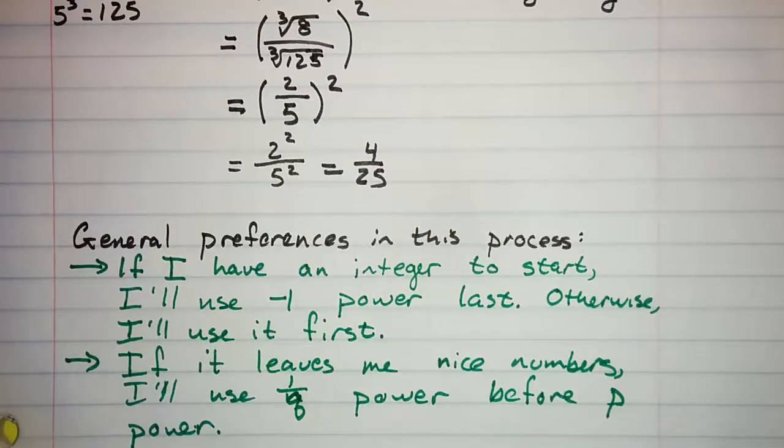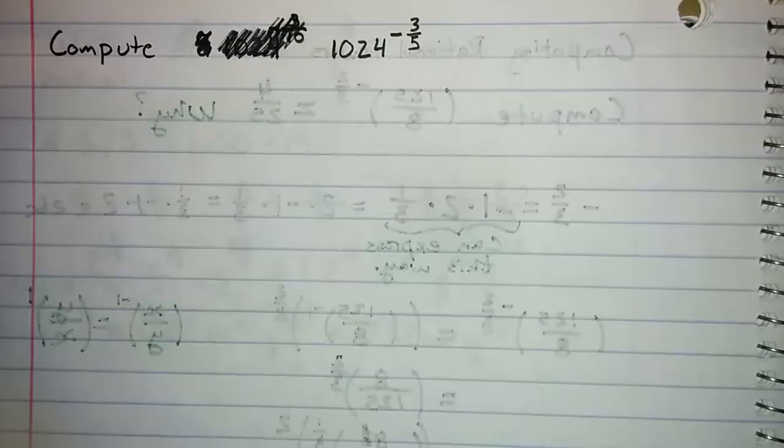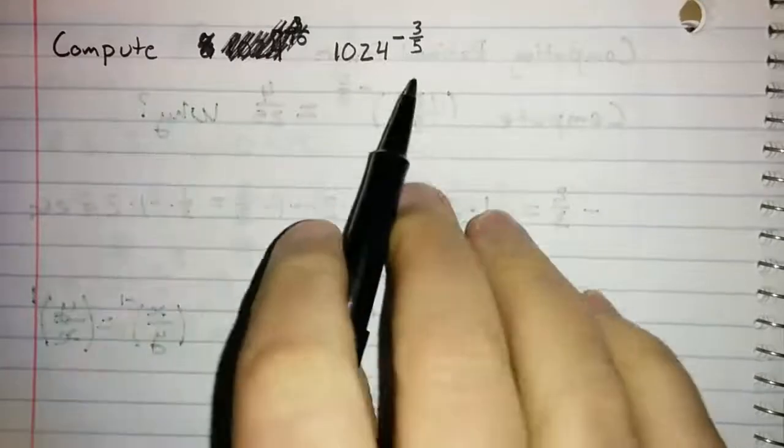Let's see one more example, and then I'm going to give you one to try. Let's say we want to compute 1024 to the negative 3/5 power. Well, I definitely want to get smaller numbers as quickly as possible since I'm computing by hand. So I'm going to start by taking the 1/5 power.